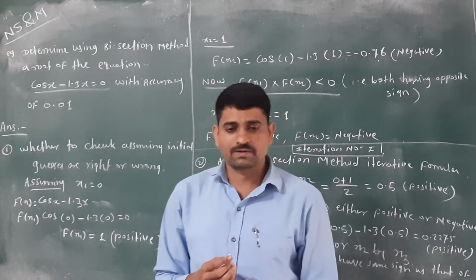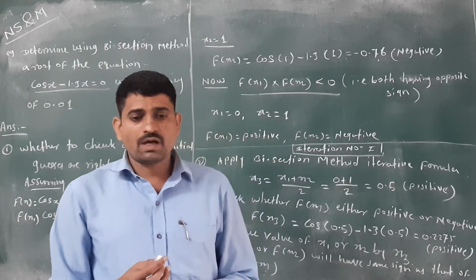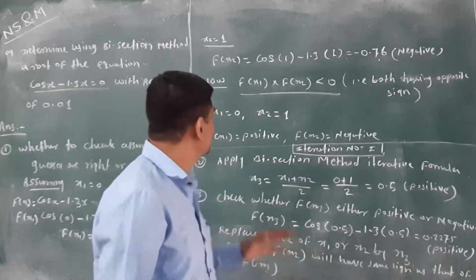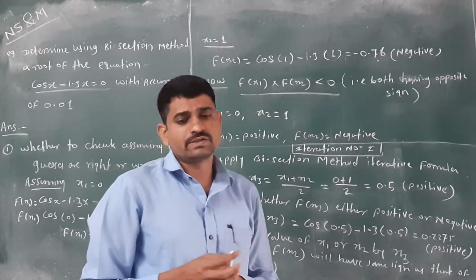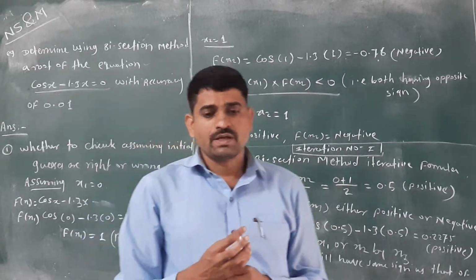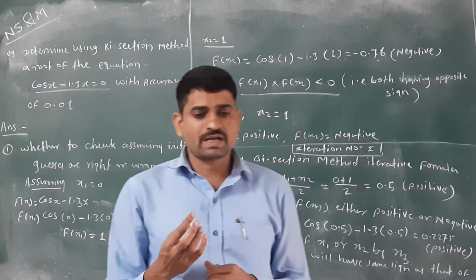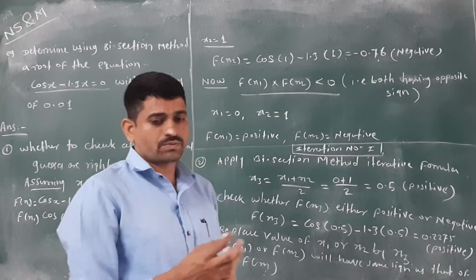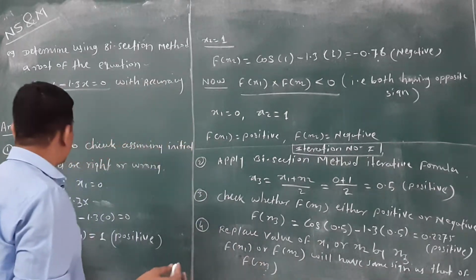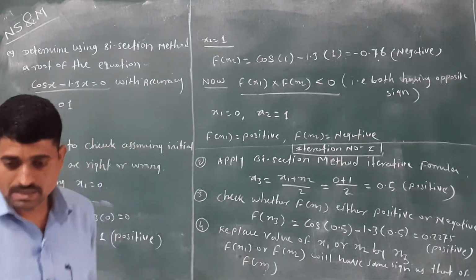You have to check that. We have to satisfy the condition f of x1 into f of x2 less than 0. Sometimes you will get f of x1 into f of x3.